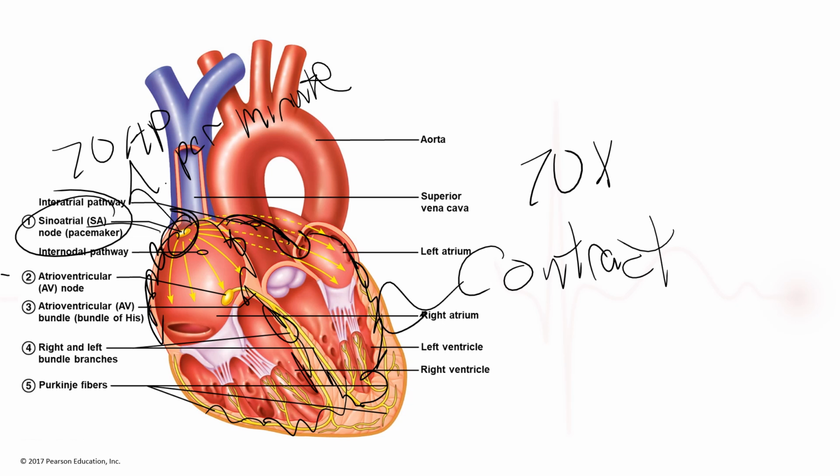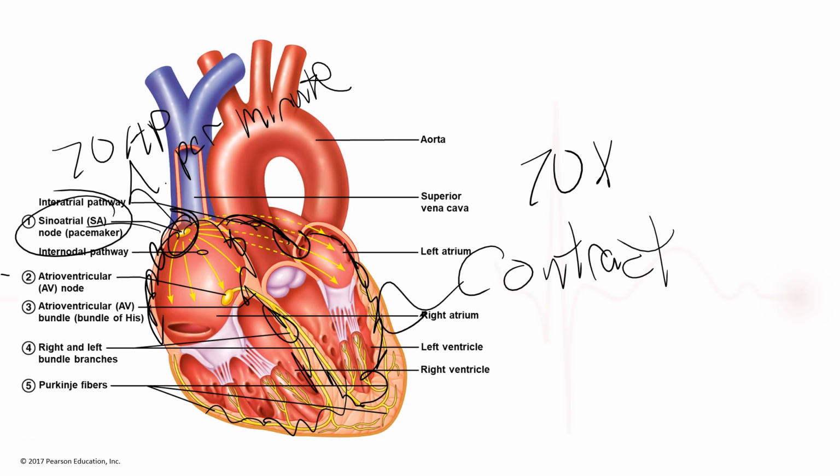This is where the term pacemaker cell comes from, because it sets the pace by which the heart contracts. If the heart contracts 70 times per minute, that's because the sinoatrial node fibers are generating 70 action potentials per minute, because every time that the sinoatrial node fibers generate an action potential, that action potential propagates throughout the entire heart, and the entire heart contracts.